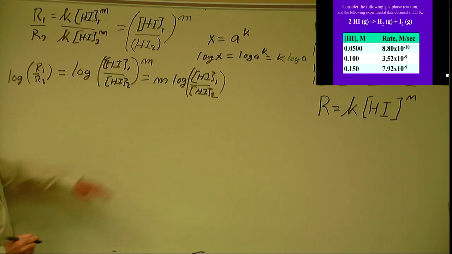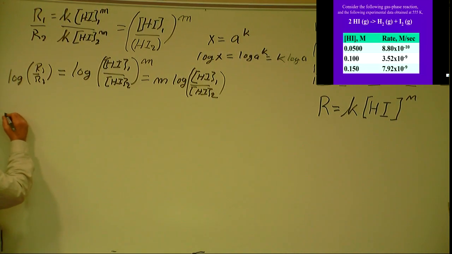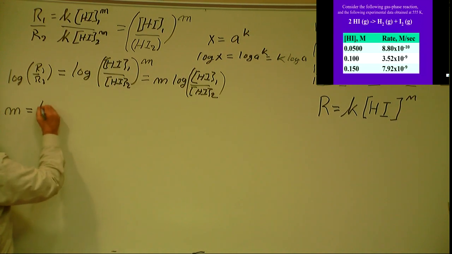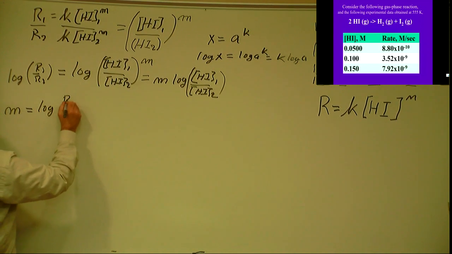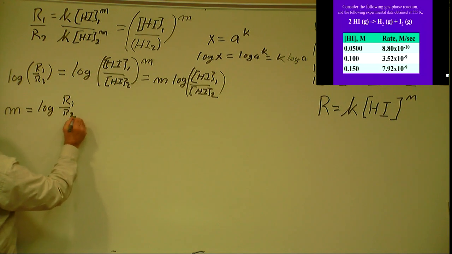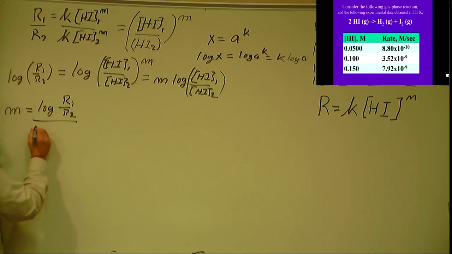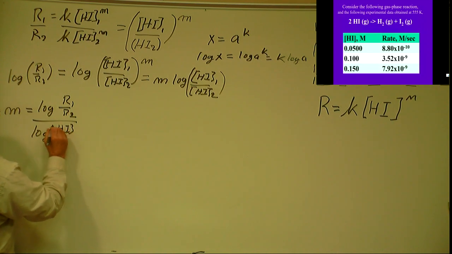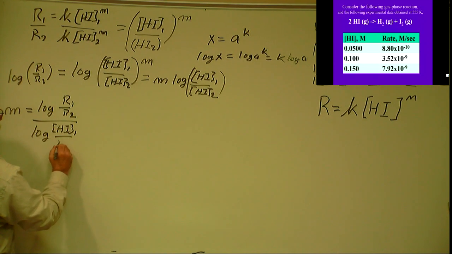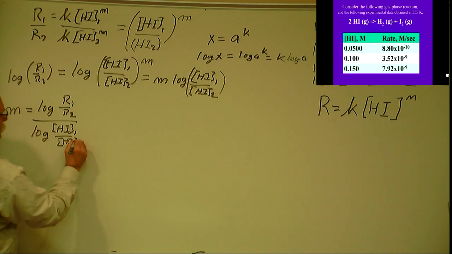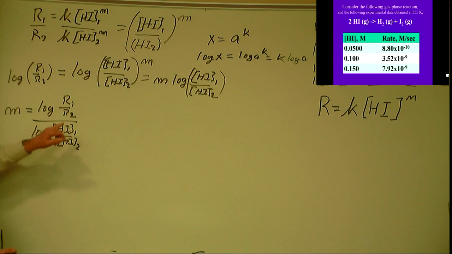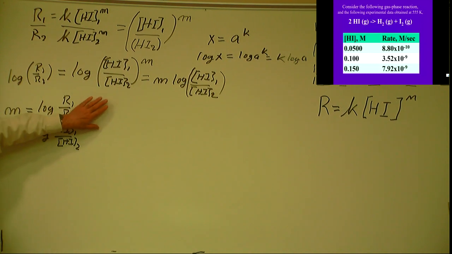Now I can solve for M, and I can say that M is equal to the log of R1 over R2 divided by the log of HI1 over HI2. Now I've worked this way through this, and there will be times when you have to be able to do this.